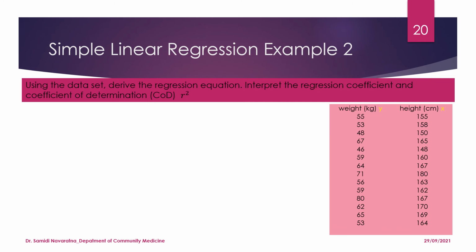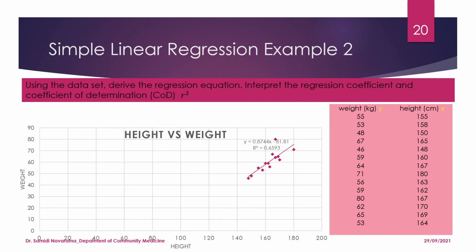So let's draw the scatter plot, and as you can see, there's a positive correlation. And I'm not going to derive the regression equation manually, but you can practice derivation of this equation using this data set, just like the previous example.